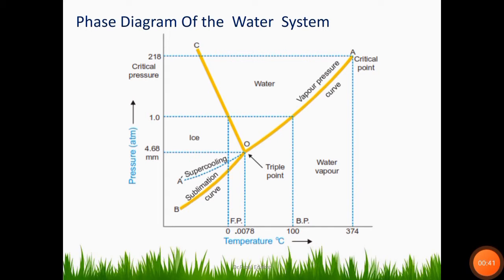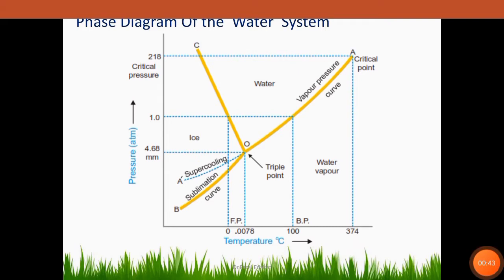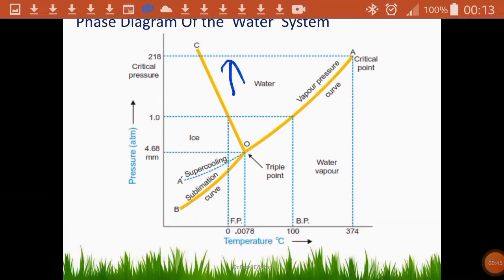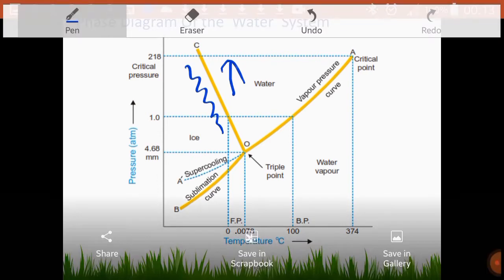A very important point you have to note here is that the freezing point decreases. Which is that freezing point line? See, this is that freezing point line, this line. What is its speciality?